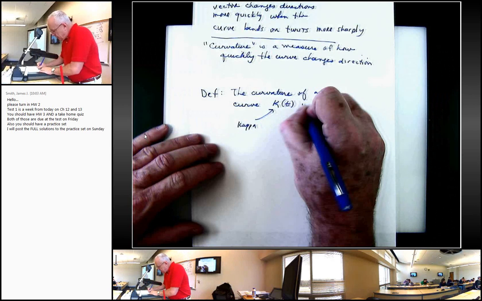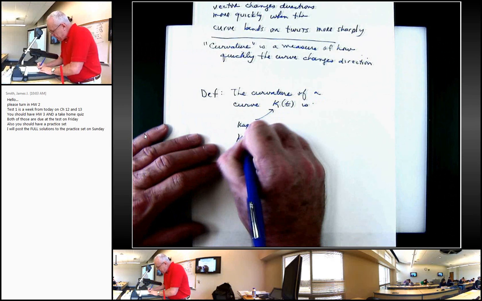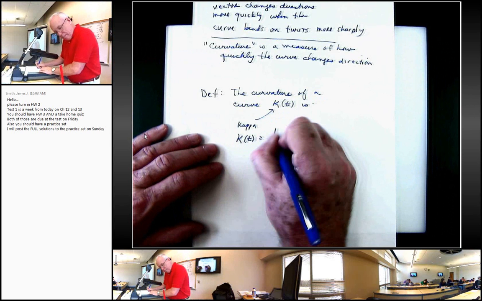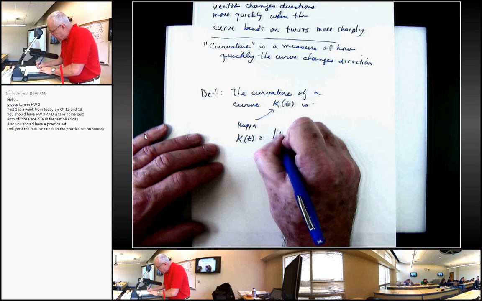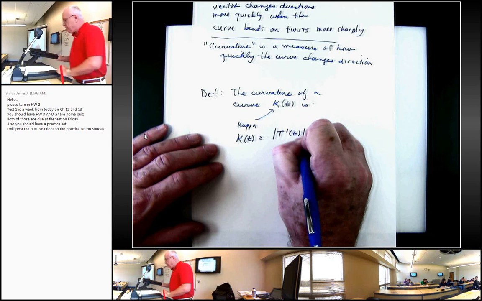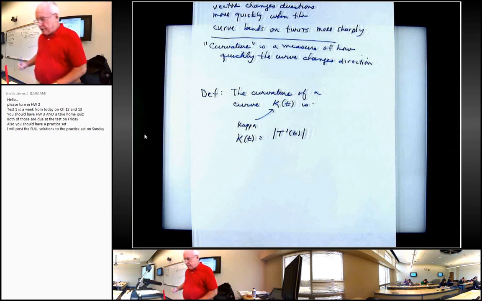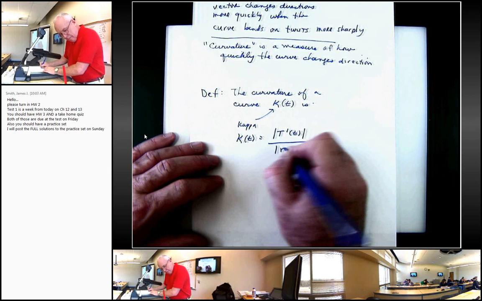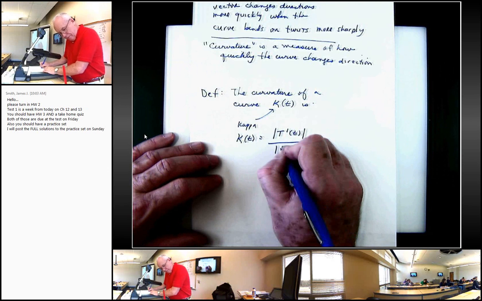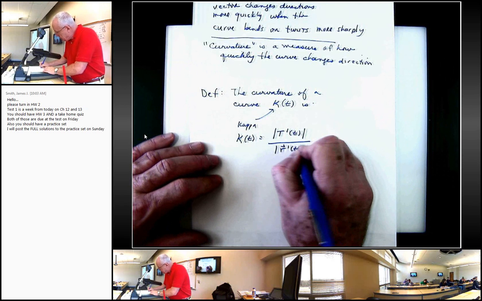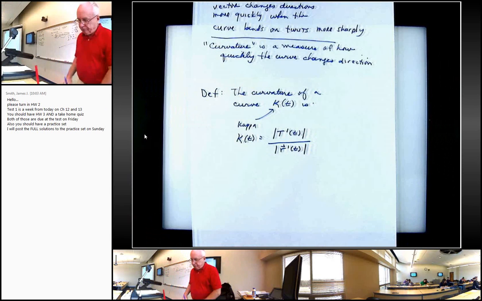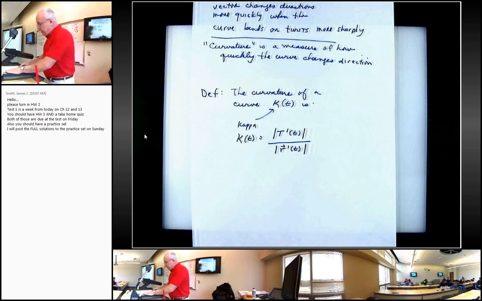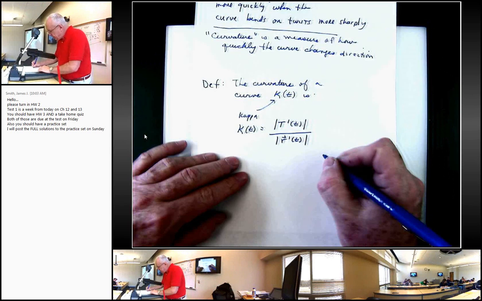Kappa of t is equal to the magnitude of the derivative of the unit tangent vector divided by the magnitude of the tangent vector. So in English, this is what it is.